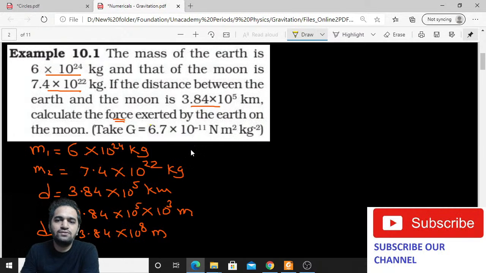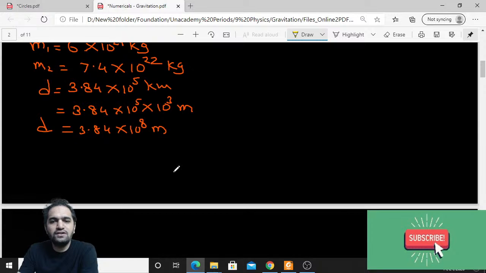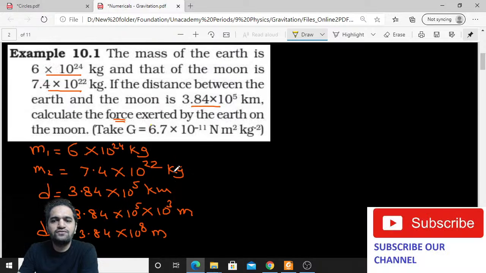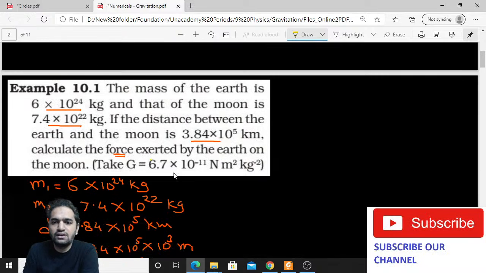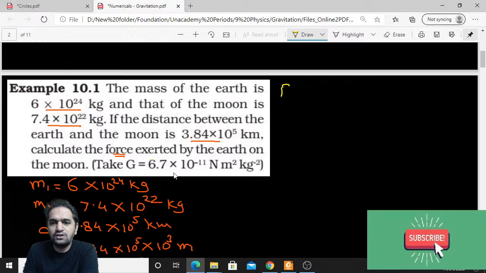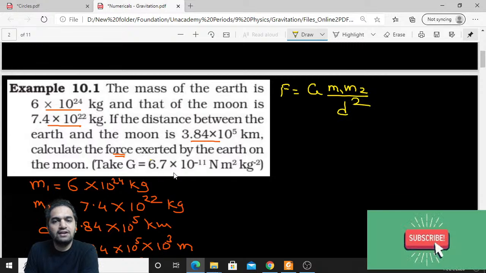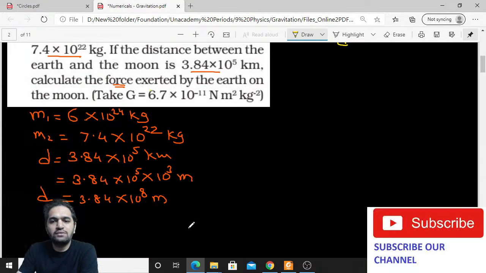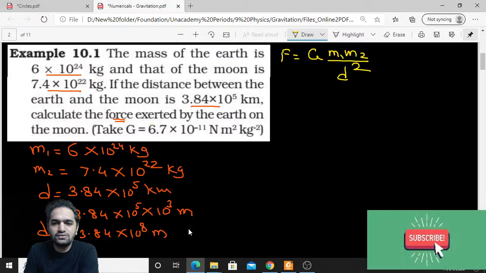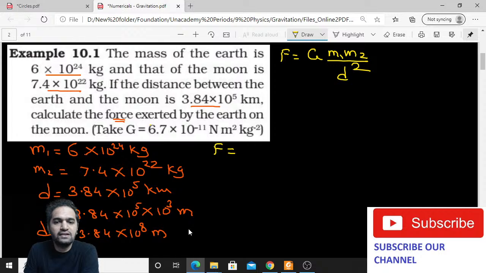Right? Now let us write down the formula, and we will put the values and we'll try to calculate. So what is the formula? Formula is capital F is equal to capital G into m1 m2 divided by d square. Right? This is the formula. Now you have to put the values there and you have to multiply. Okay, so let us just put the values. F would be equal to capital G. What is the value of capital G?